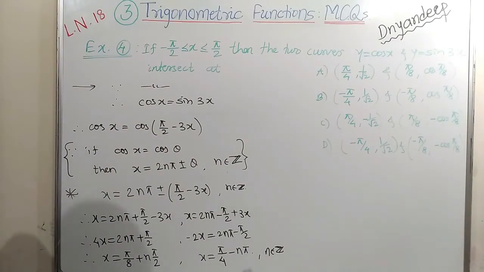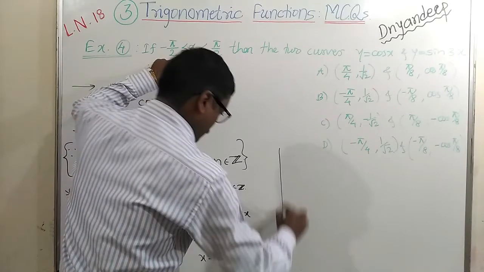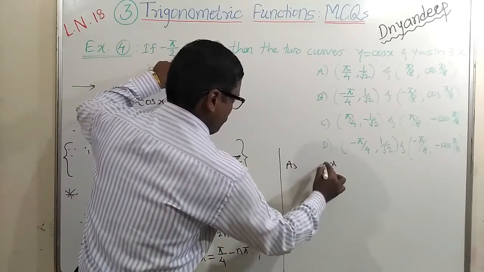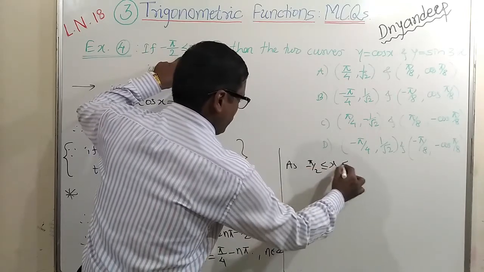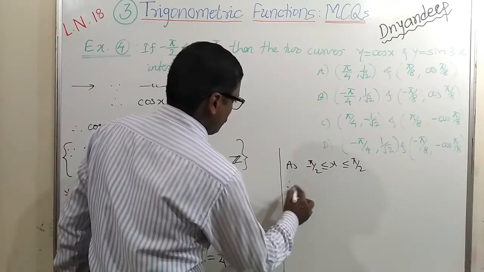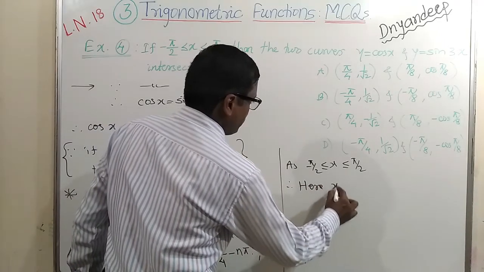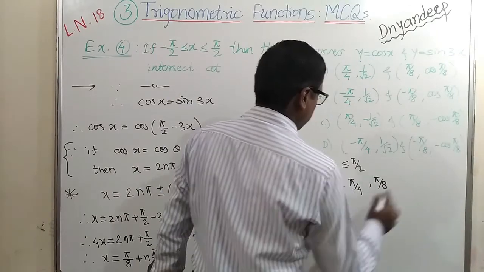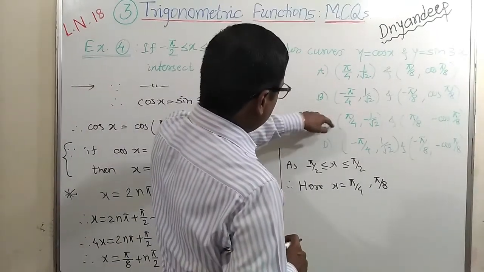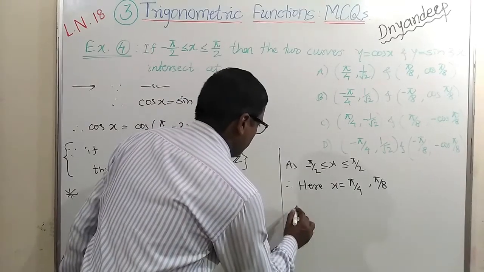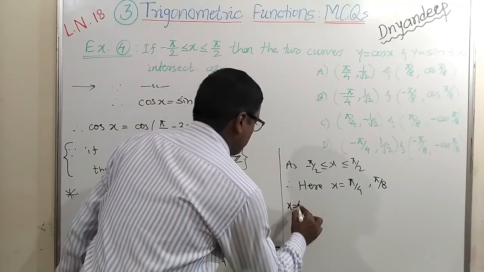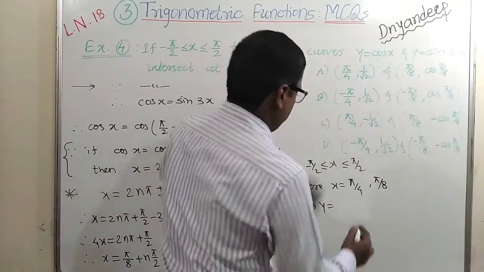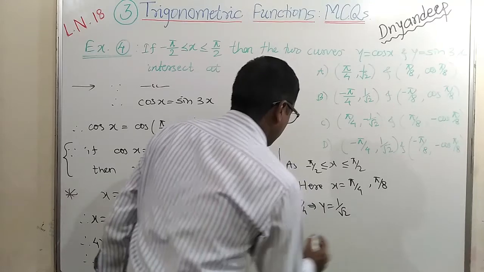If you observe carefully, here x is given as x greater than or equal to minus pi by 2 and less than or equal to pi by 2. Therefore, here x equal to pi by 4 and pi by 8. So whenever x equal to pi by 4, which implies y is equal to cos pi by 4, that is 1 upon root 2.